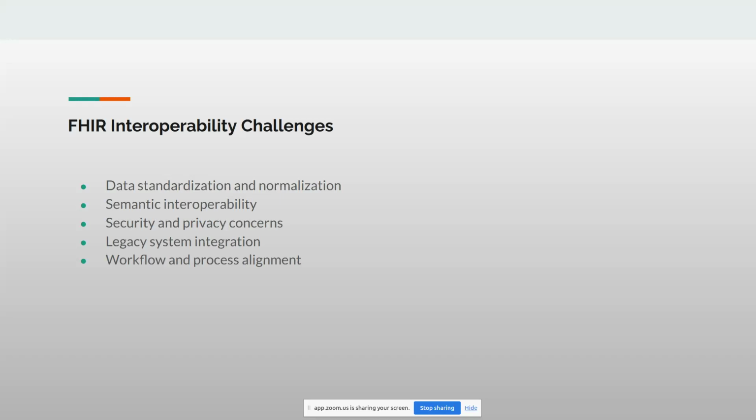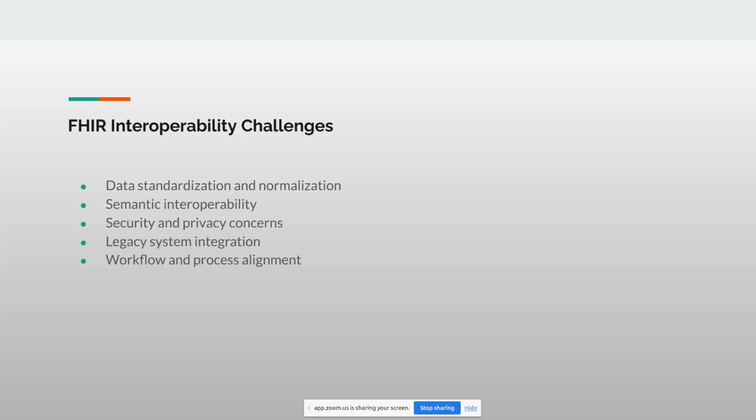The second point is semantic interoperability. Semantic interoperability is the ability of different systems to exchange data in a meaningful way, in a more accurate and meaningful way. So for this kind of semantic interoperability, there are standardized terminologies and coding systems that we use.